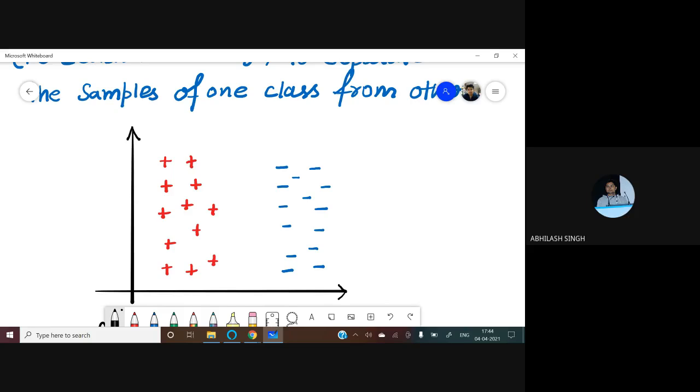Now our task is to separate these classes with the hyperplane. Since we are in the 2D domain, the two dimension case, the hyperplane is a straight line. And in 3D, the hyperplane is a plane separating two classes.